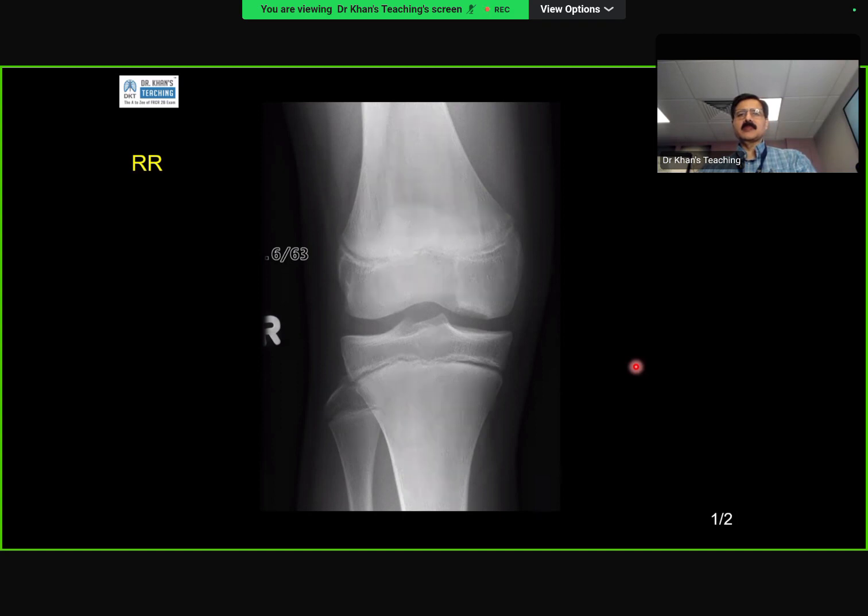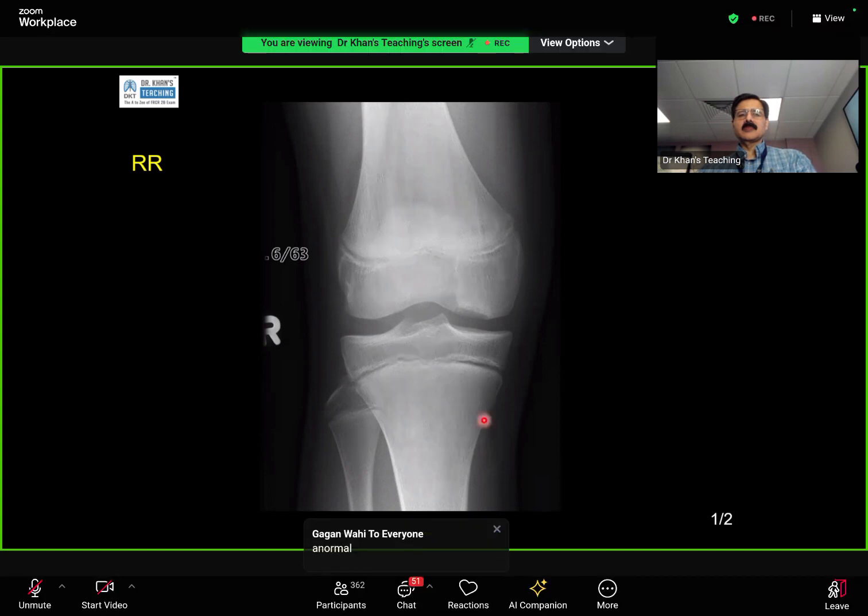So maybe something at the medial femoral condyle is looking. Medial femoral condyle. What is the abnormality? You are right, but what is the abnormality? What will you put in the exam?